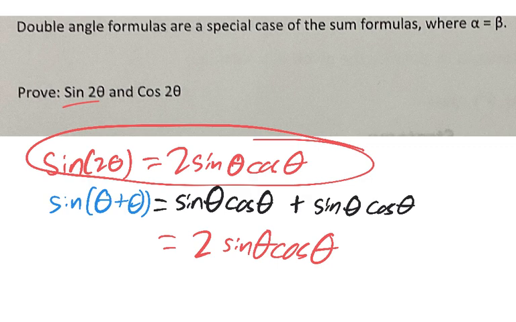Questions there? That's the double angle formula. Double angle for sine: sine 2 theta is 2 sine cosine.